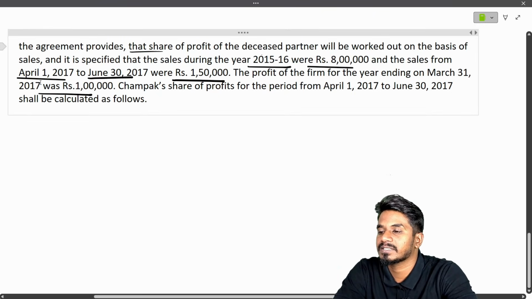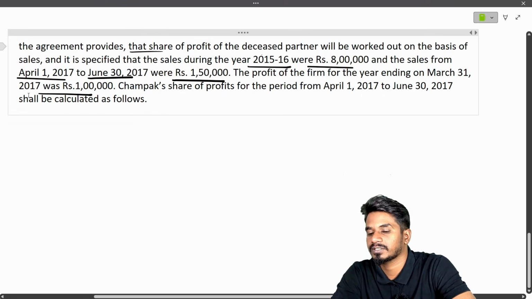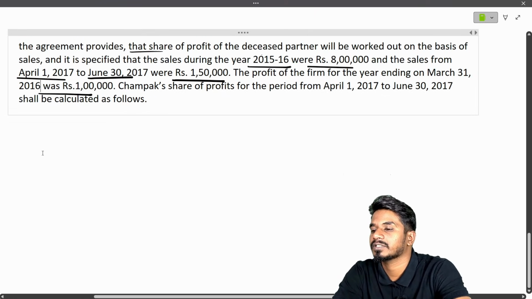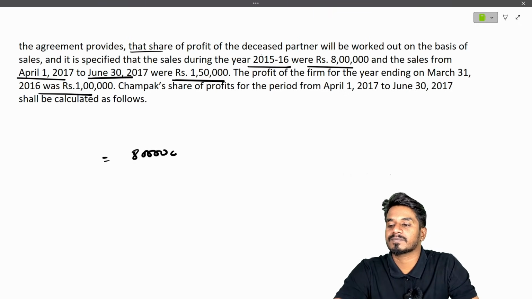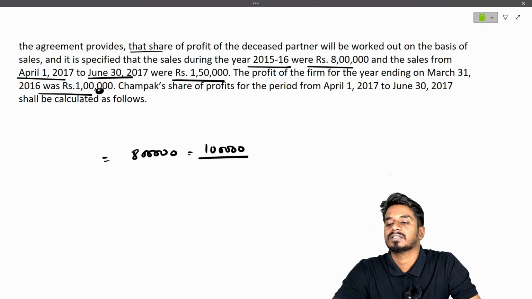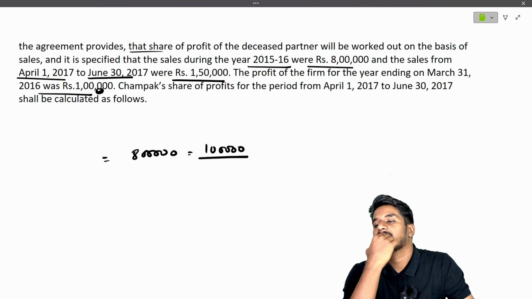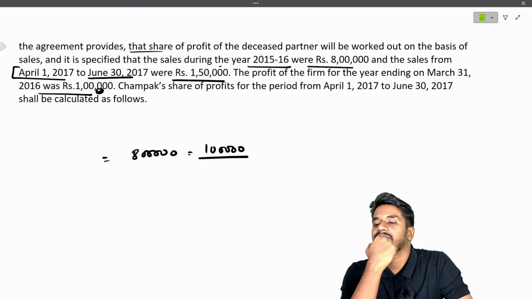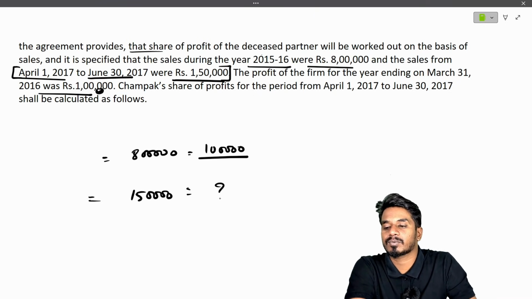The date was mismatched earlier; it should be 2016. When sales were 8 lakh rupees, the profit was 1 lakh. But in the current year, for the first 3 months till the date of his death, they have done only 1,50,000 worth of sales. Then what will be the profit?